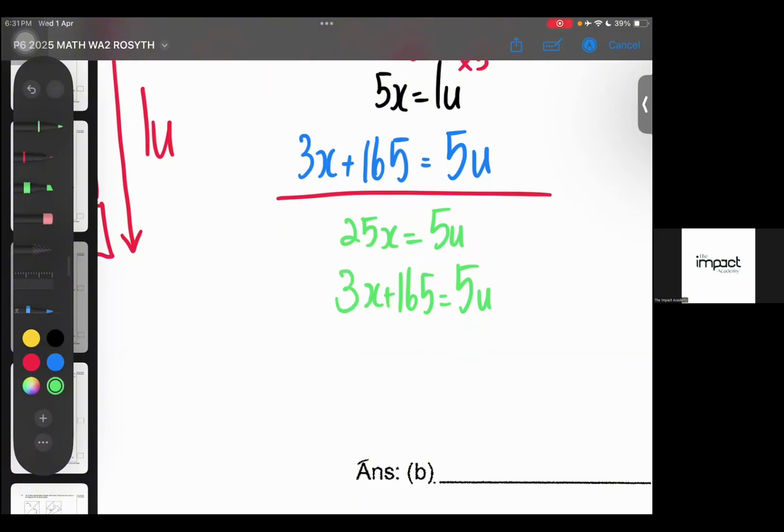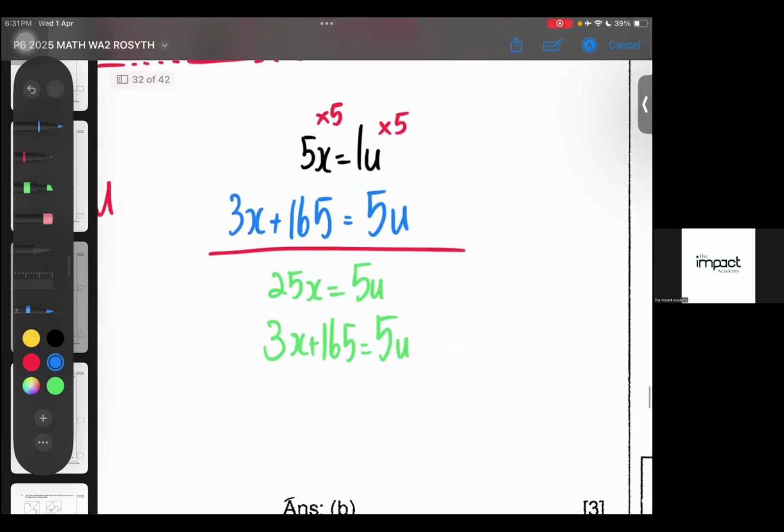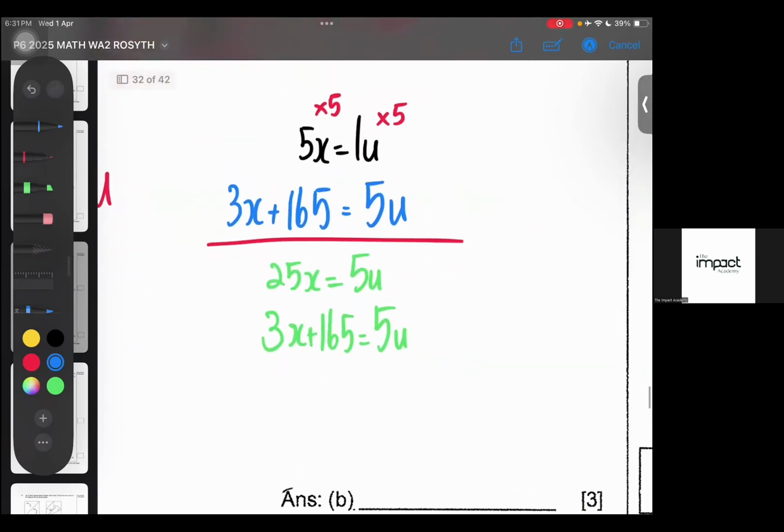Why do you get 7x? I don't want the answer first. Can you form our equation first? I can see from here units and units, 5 units and 5 units, they are the same. Got it?